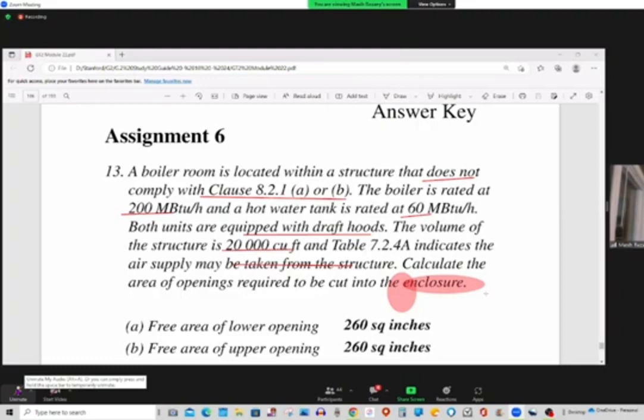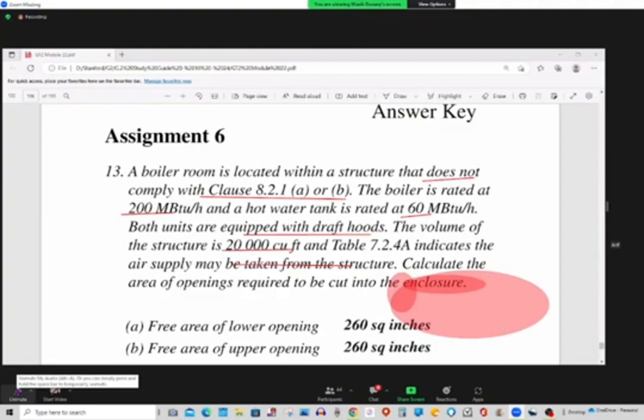And it is a special case of the loose house in an enclosure, sir. 8.2.6, add them together: 200 plus 60 is 260 MBTU. Divide by 1,000. 260 divided by 1,000, in inches square: 260 inches square.